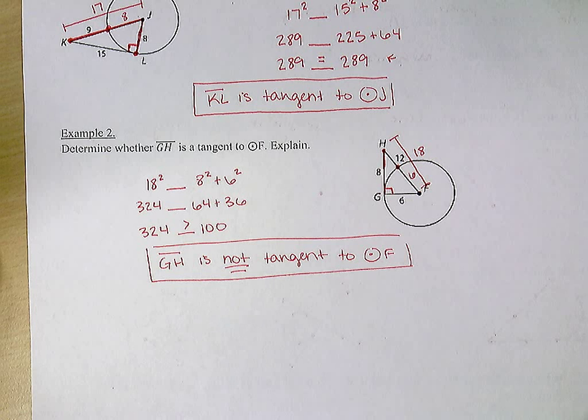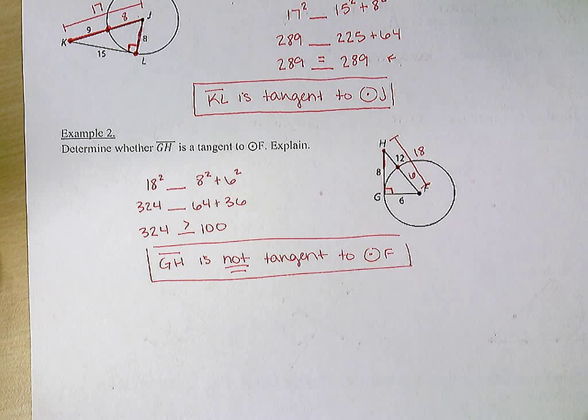For your assignment, the 3 problems on top, those lines are tangent. So you just need to use the Pythagorean theorem to find that missing side. You're not comparing them.